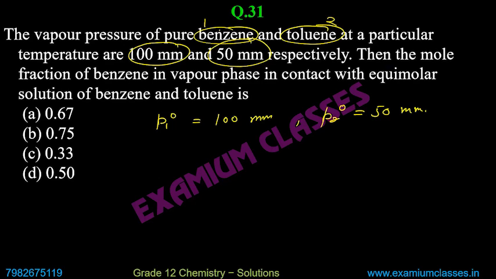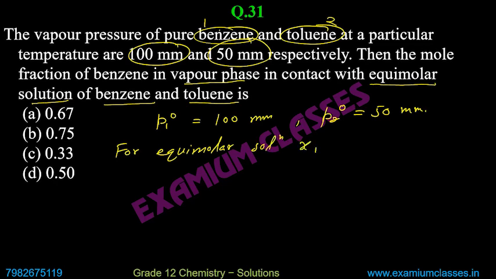Then it says then the mole fraction of benzene in vapor phase in contact with equimolar solution of benzene and toluene. So means you have equimolar solution of benzene and toluene. When moles are equal, mole fractions will be 0.5, 0.5. For equimolar solution, x1 will be equal to x2 and both will be equal to 0.5, 1 by 2, 1 by 2. So if you know this, you can get the answer very easily.